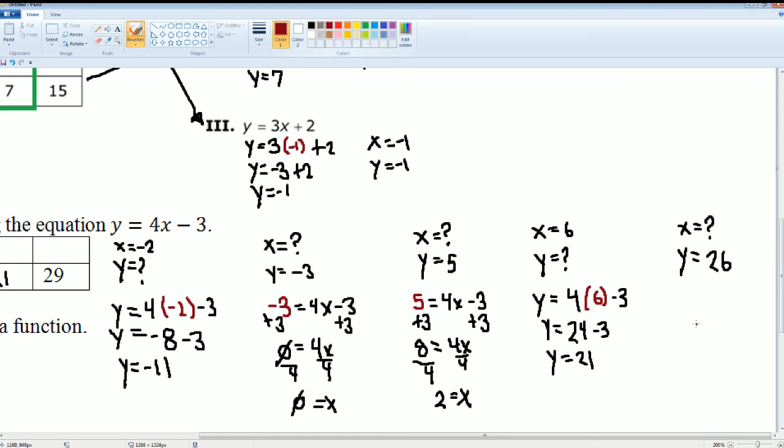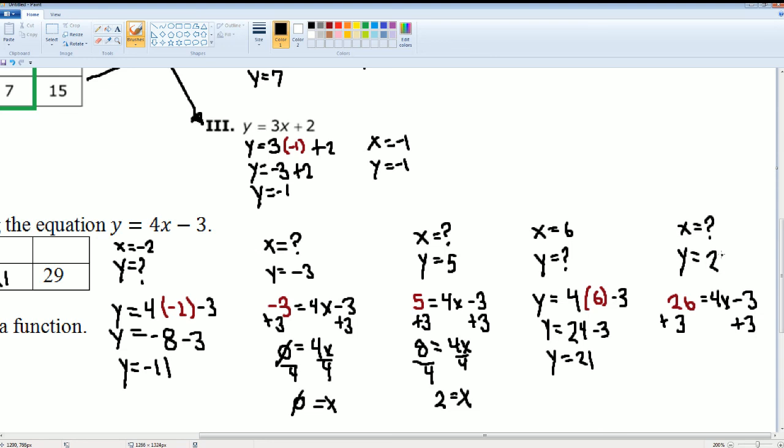So let's just make that substitution. 26 equals 4x minus 3. Add 3 to both sides. Oh, sorry. Haha, I did this wrong. This should be 29.